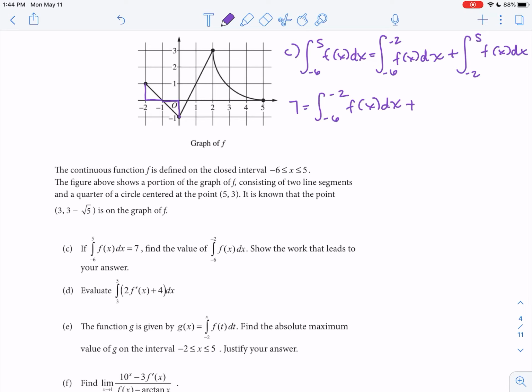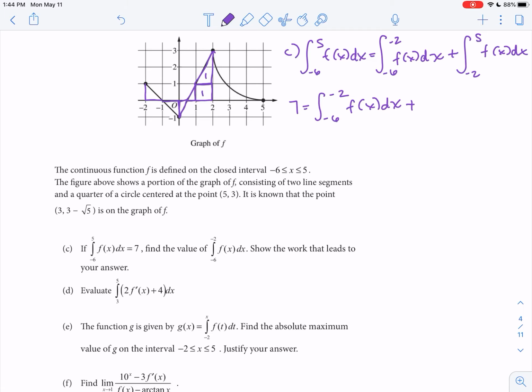And then do you see you have kind of the same thing here? You've got this triangle below the x-axis, and then that same area above. So those are going to cancel as well. So really, I'm going to break it into these pieces. I've got that square, which is an area of 1. And then I've got this triangle, which is also an area of 1.